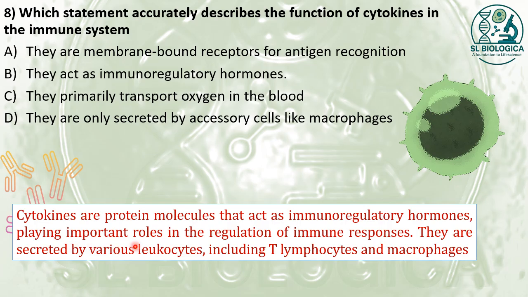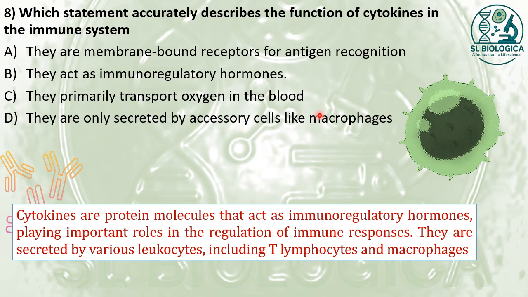And they play important roles in the regulation of immune responses. So they are secreted by various leukocytes, including the T lymphocytes and macrophages. So now the function is clear. They are immunoregulatory hormones, protein molecules, okay? They play important roles in regulating the immune responses and they are secreted by T lymphocytes and macrophages.